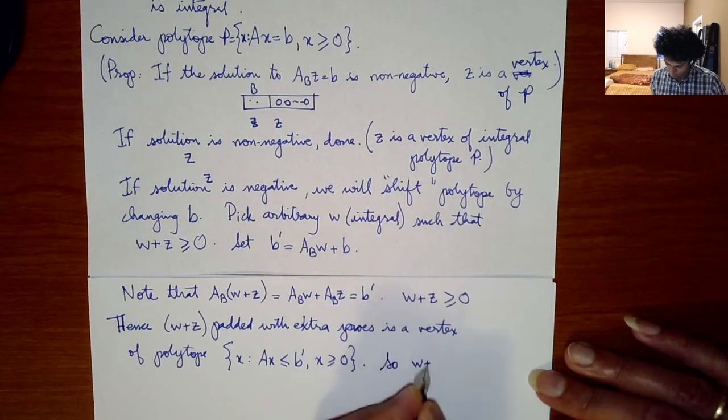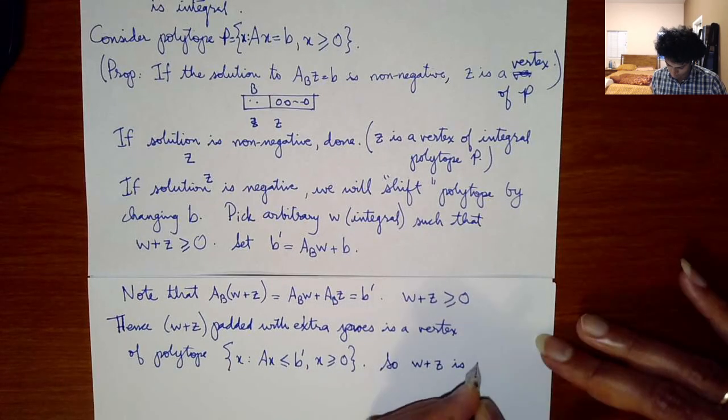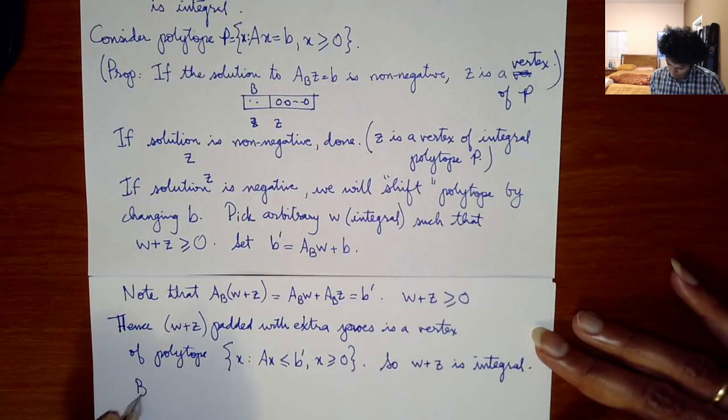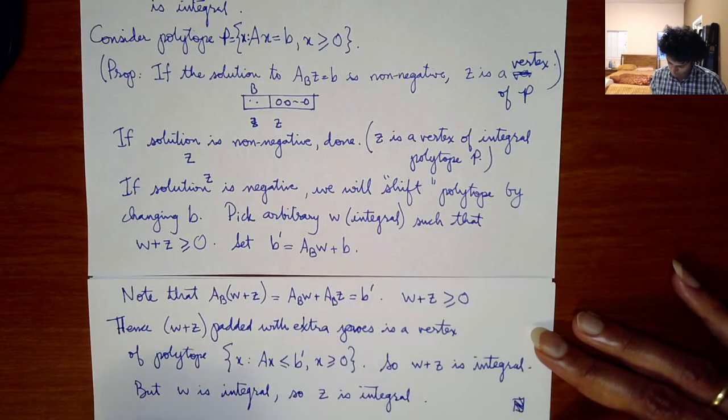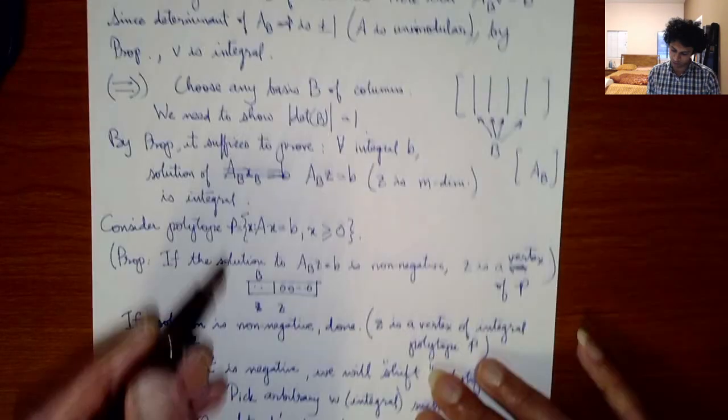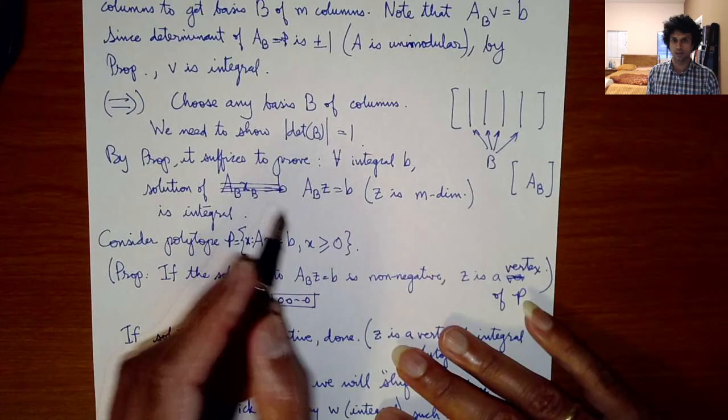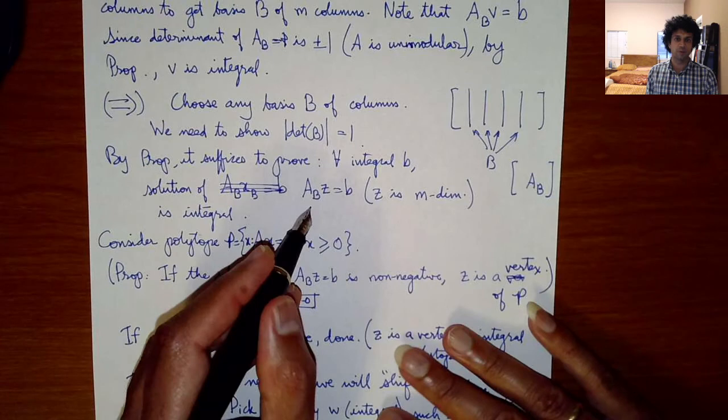So w + z is integral. But w is integral. So z is integral. And that ends the proof, because now z is integral. This is exactly what we wanted to show. We wanted to show that the solution of A_B z = b is integral.